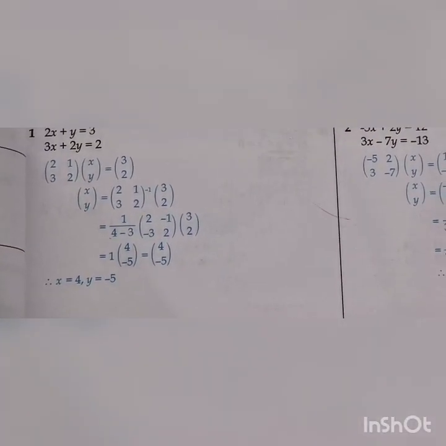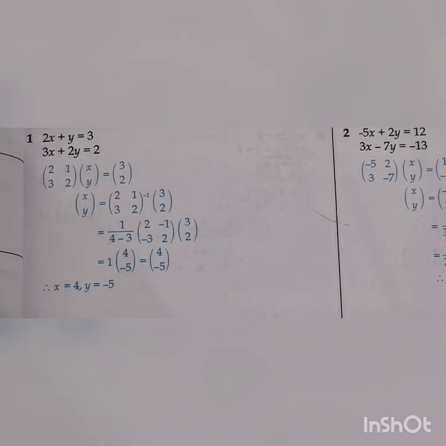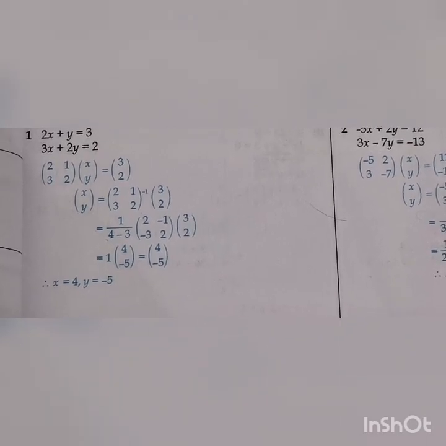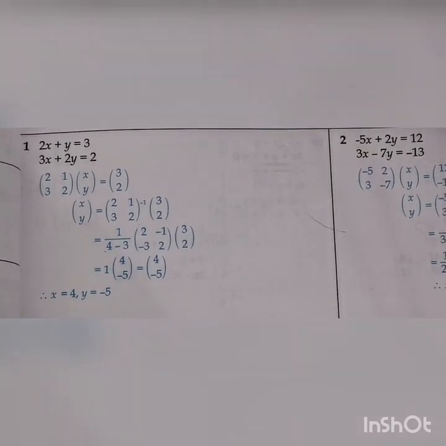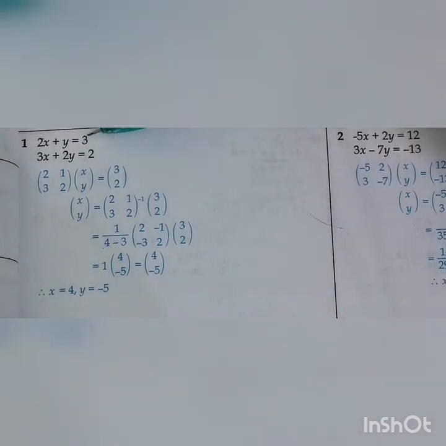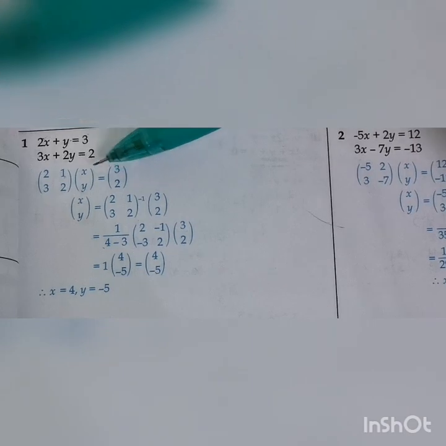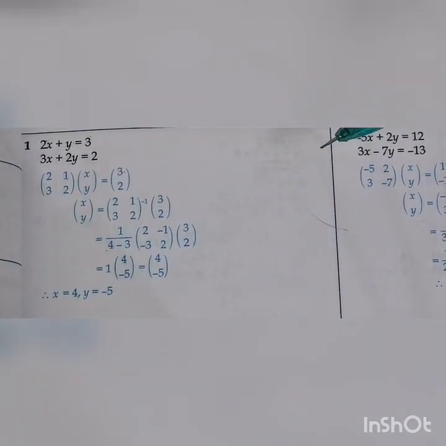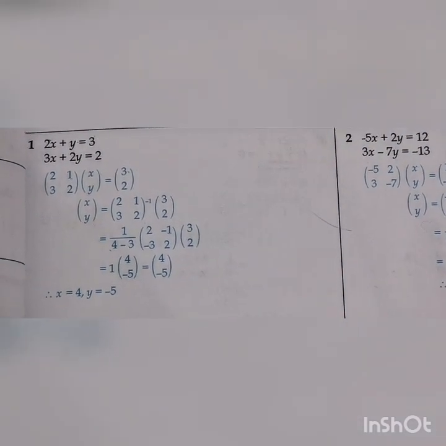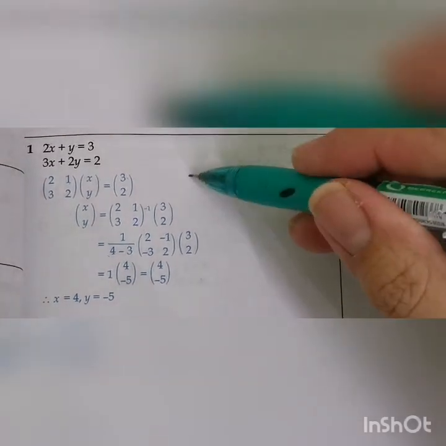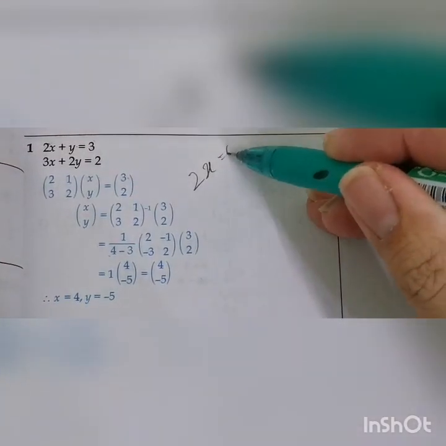Okay, how do we solve the simultaneous equations by using the matrix method? Before that, make sure you rearrange it, and then we change to matrix method. After that, still remember how to find the algebra, like 2x equals 4.